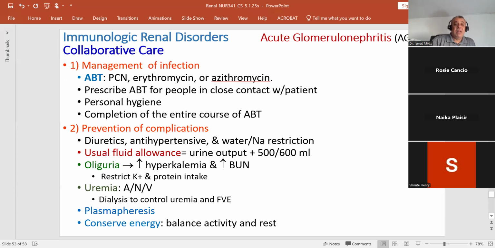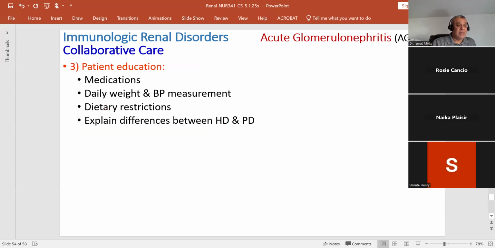We said we will get the urine output over 24 hours and then add 500 or 600 mLs. That will be the patient's fluid intake. So that's sodium restriction, fluid restriction. The patient will be on antihypertensive medications, will be on antibiotics, and will have potassium as well as protein intake restricted.